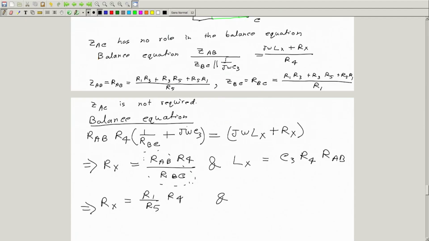And Lx, you just put the value of RAB, which is R1 R3 plus R3 R5 plus R5 R1, whole divided by this R1.